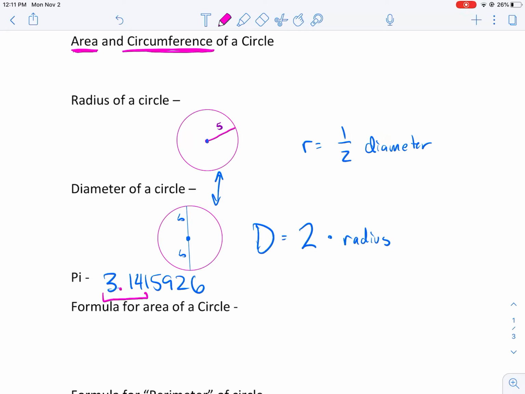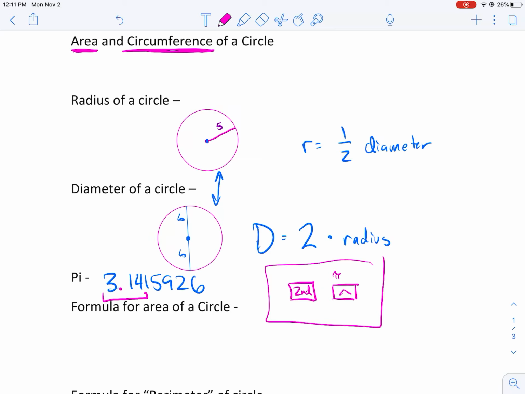Underneath your clear button, you want to hit second, and then the little button right below your clear button with an arrow, and right above it is that little pi symbol. So if you want a more accurate answer when using the numerical value of pi, use the one on the calculator.